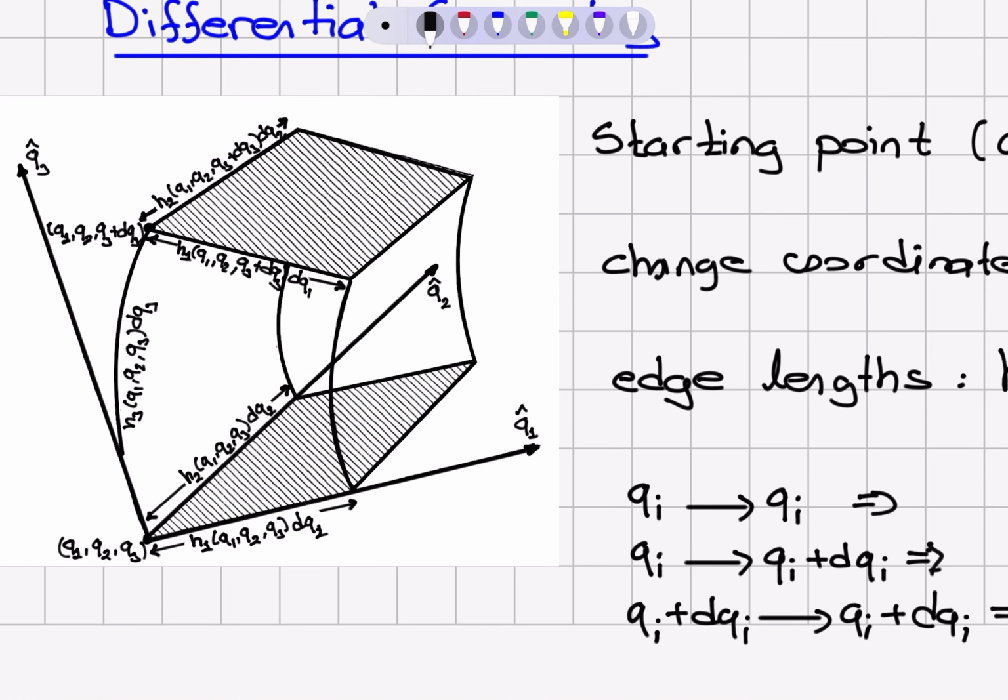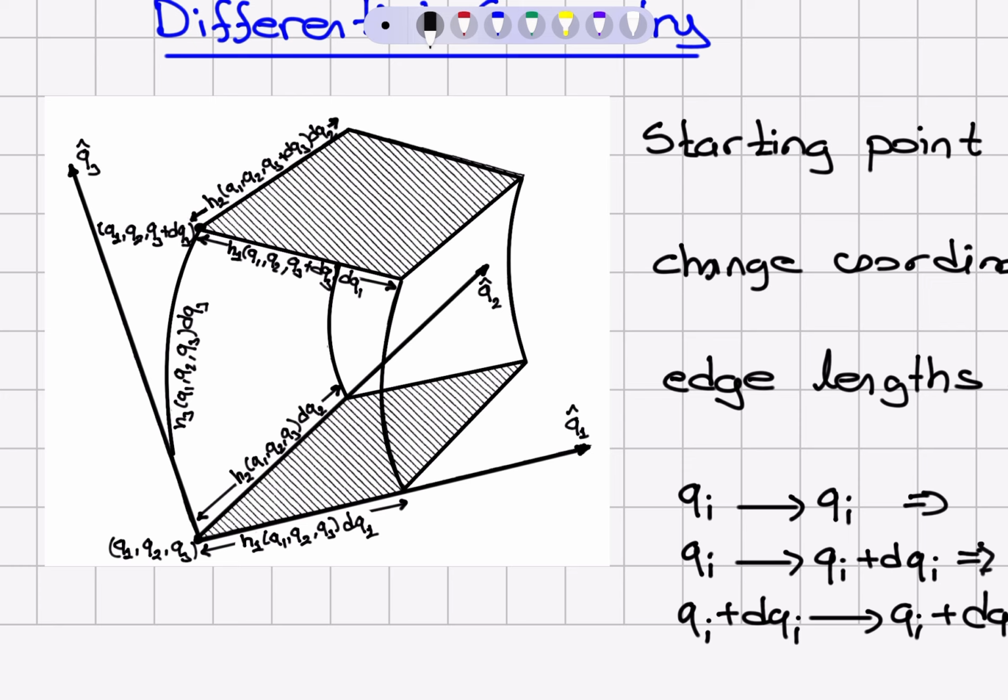And when I go from q1, q2, q3 to q1, q2, q3 plus dq3, for example, here, I'm changing these coordinates by an amount, going from q3 to q3 plus dq3.